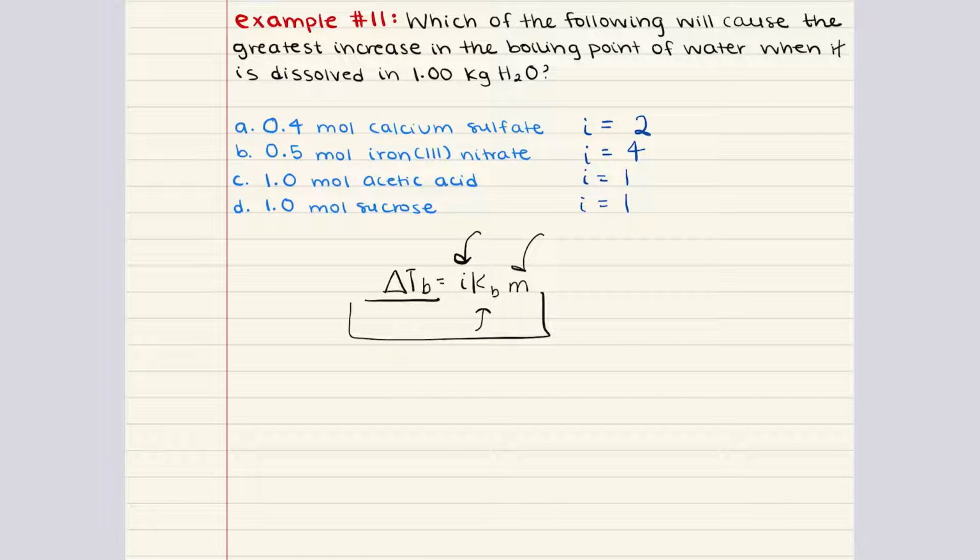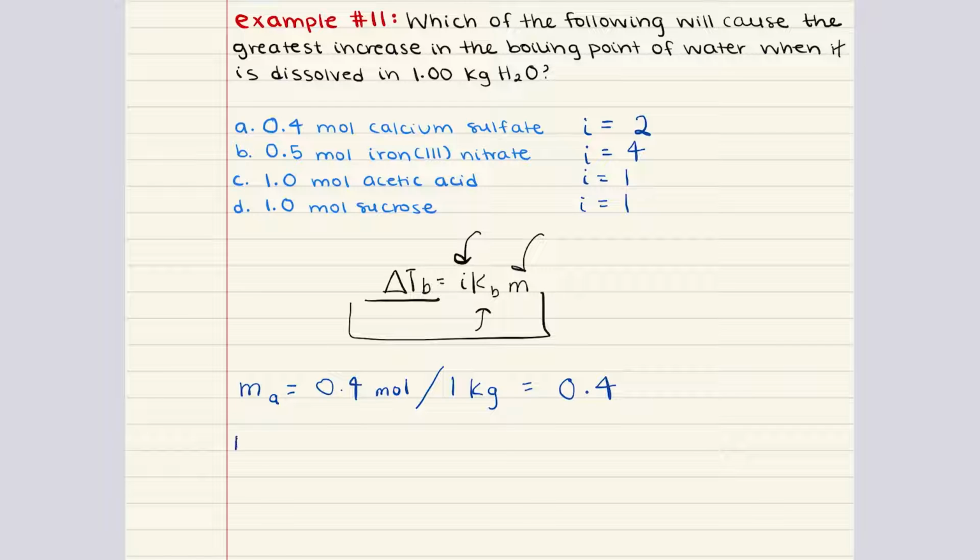Now, for each of these, we can also go ahead and calculate the molality. So for answer choice A, 0.4 moles of calcium sulfate, we can calculate the molality by taking the number of moles, 0.4 moles, and dividing it by the kilograms of solvent. Now we have 1 kilogram of water, so it's going to be divided by 1 kilogram. This gives us a molality of 0.4.